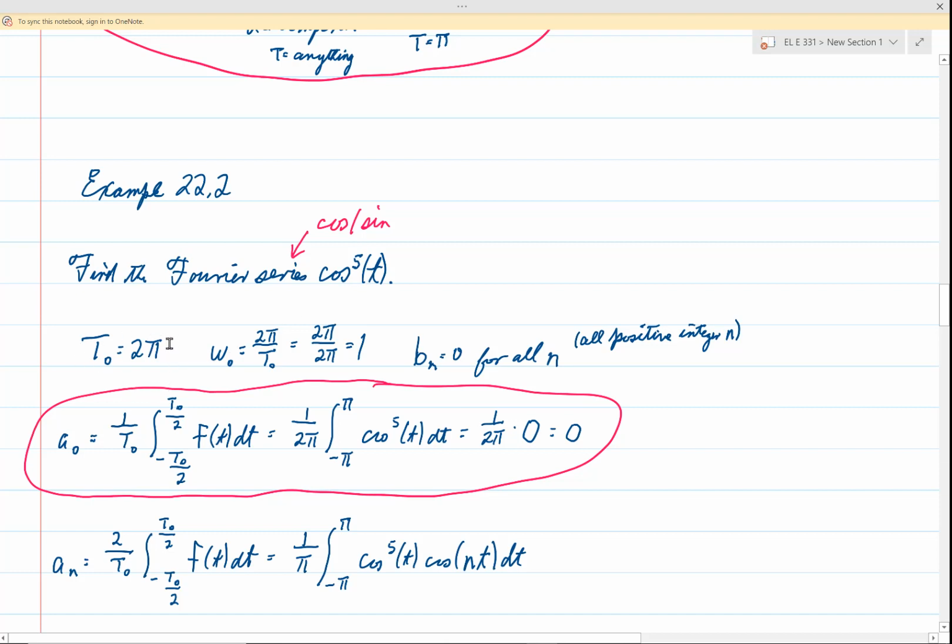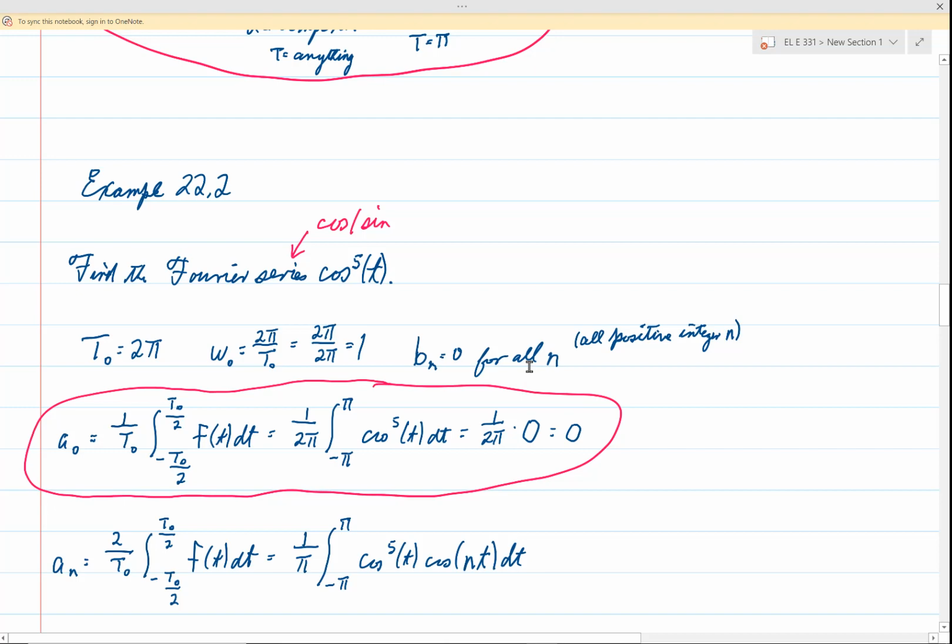So t naught is equal to 2 pi, and omega naught is 2 pi over t naught, or 2 pi over 2 pi, which is 1. And cosine to the 5th t is an even function, so all of the bn's in the summation will go to 0.